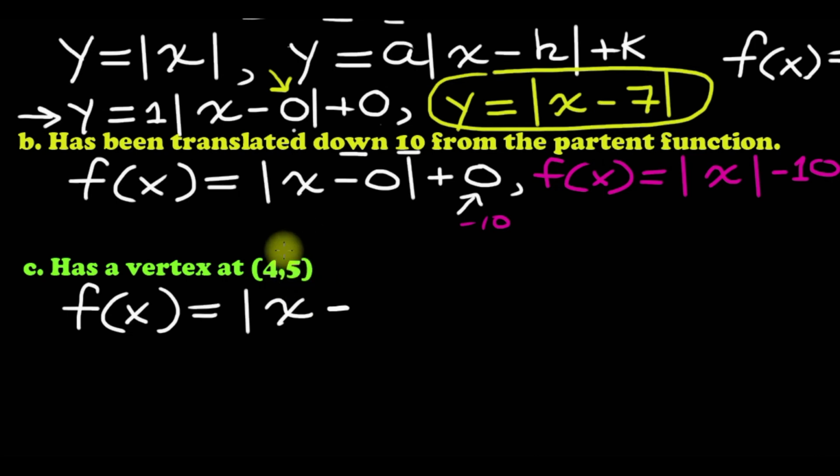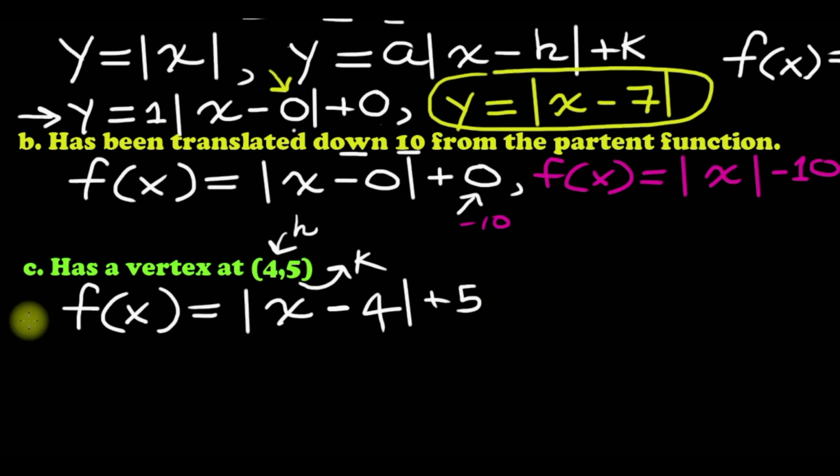So here's your h, that'll be minus 4. And then here's your k, so that's plus 5 because it's positive 5. So this right here has a vertex at (4, 5).